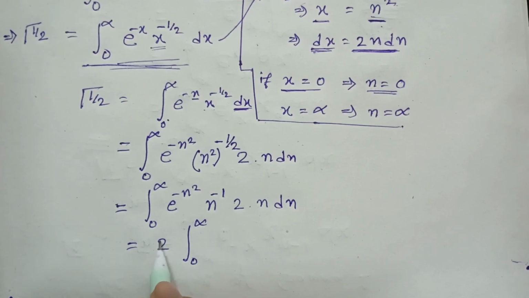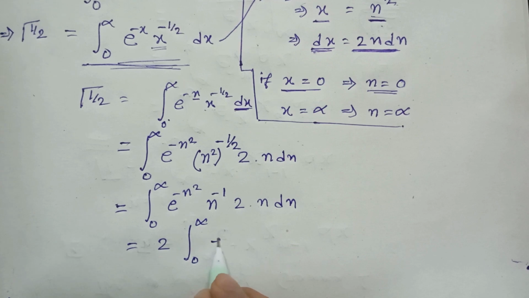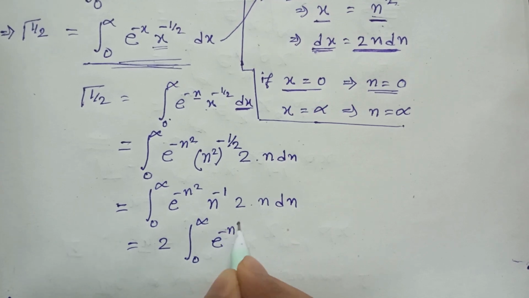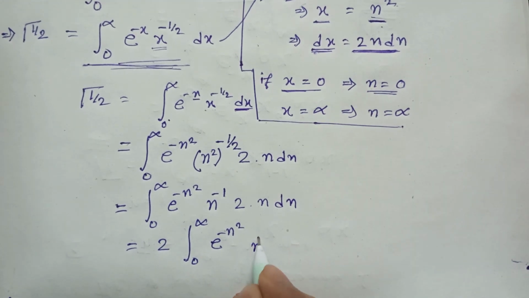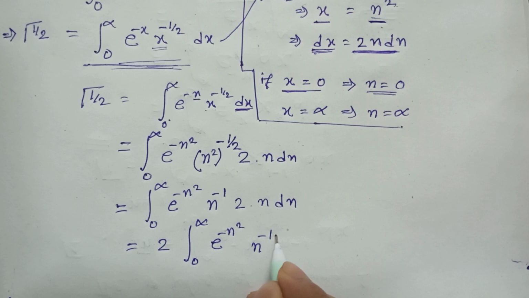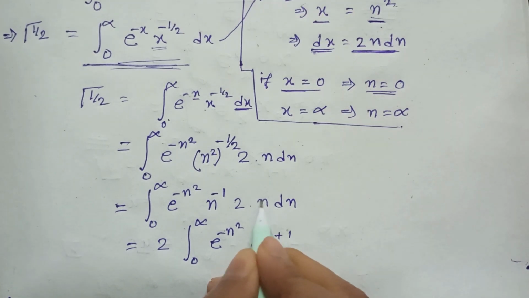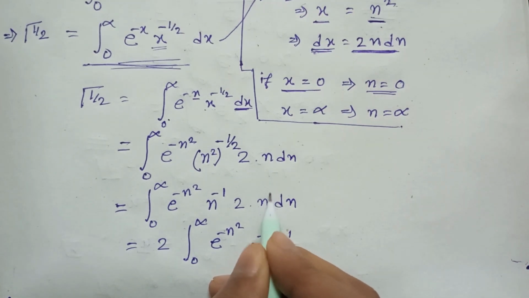We have taken out 2 from the integration, as it is a constant term, and in the integration we have n square. For ease of understanding, let's break this down as n minus 1 plus 1. Here it is n, and there is nothing, meaning it is plus 1.